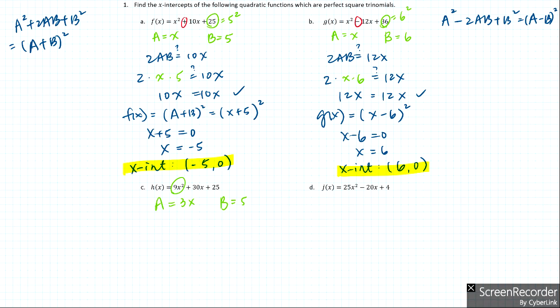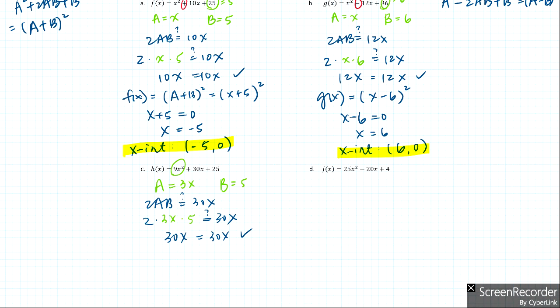Once we have this, we check whether 2ab is equal to 30x. If we have 2 times a being 3x, times b being 5, compare it to 30x. The constants are 2 times 3, which is 6, and 6 times 5 is 30. So we do indeed have 30x on both sides. Therefore, we can rewrite the whole expression as (a + b) squared.